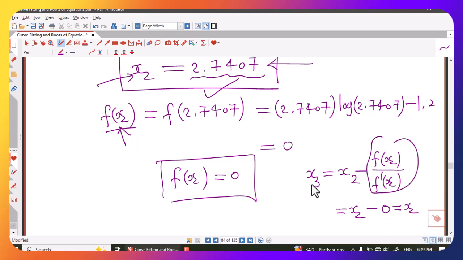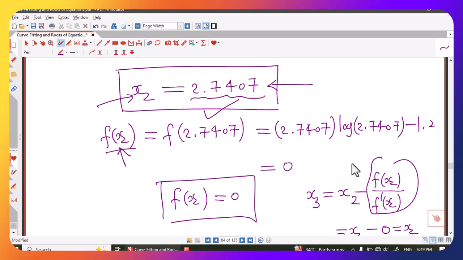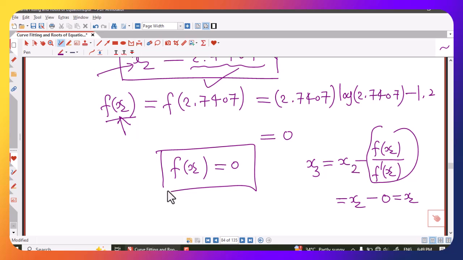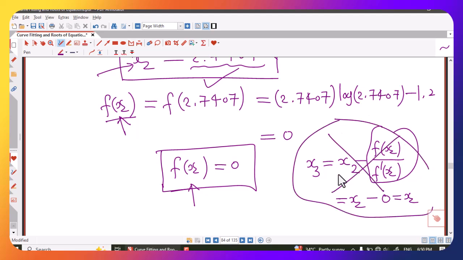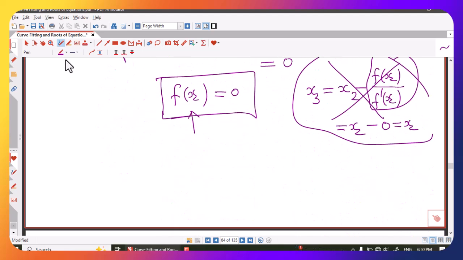That means x3 and x2 will be exactly same up to 4 decimal places. So whenever at any iteration we find that value of function for that approximation becomes 0, we stop our process. We don't have to go for the next iteration, and we can write that this is our desired root, correct up to 4 decimal places.